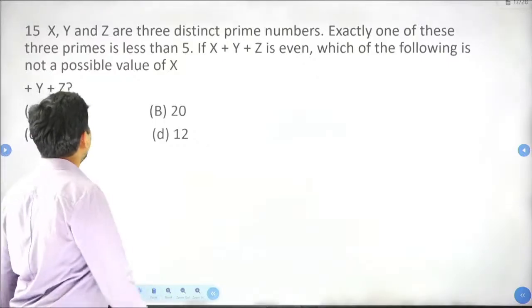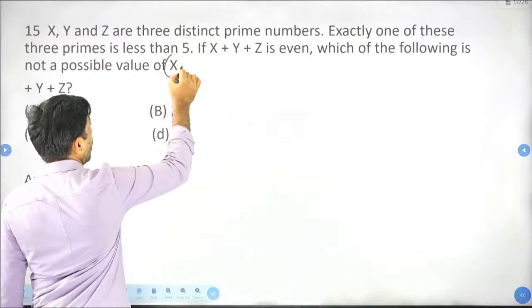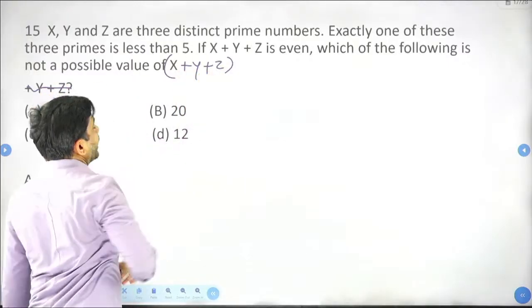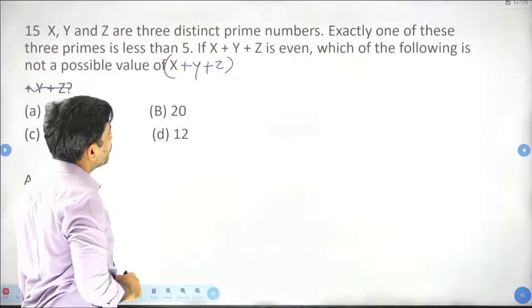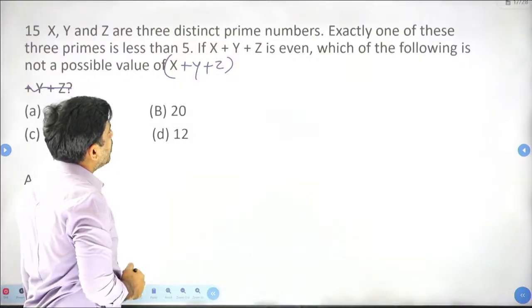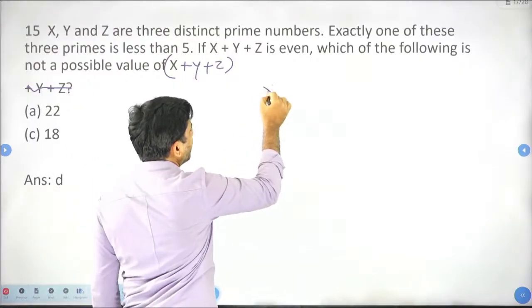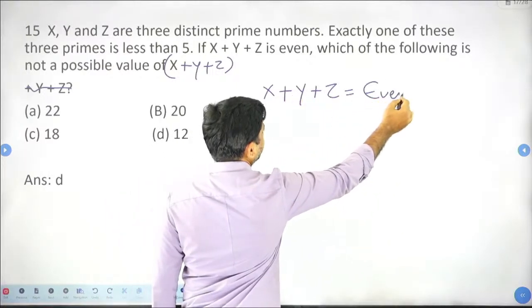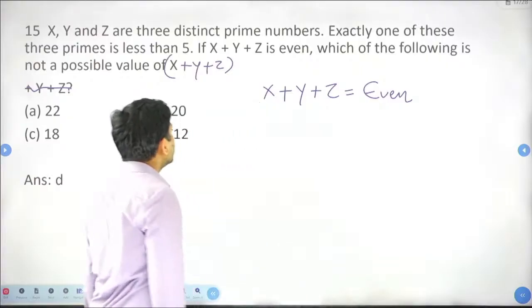Which of the value is not possible of X plus Y plus Z? X plus Y plus Z is even. This is important line. Sum must be even.